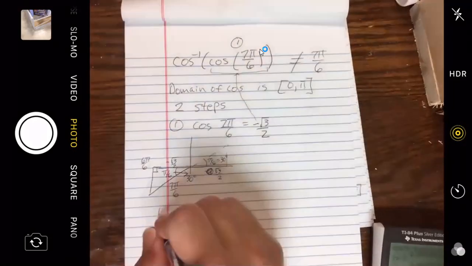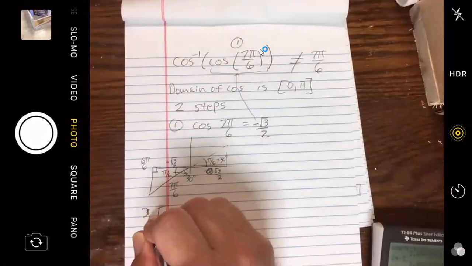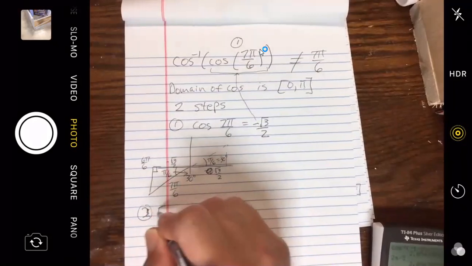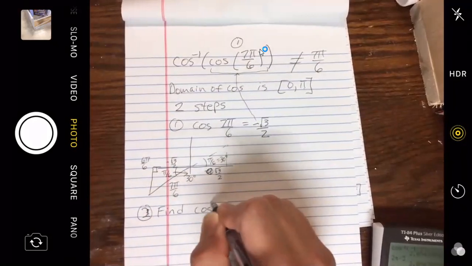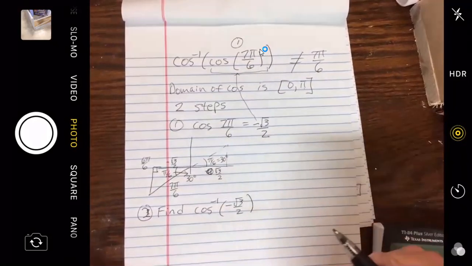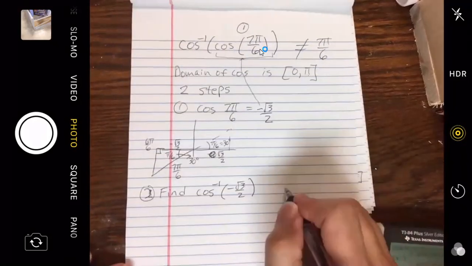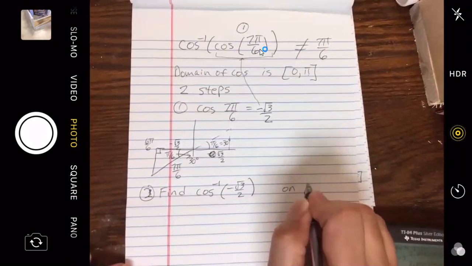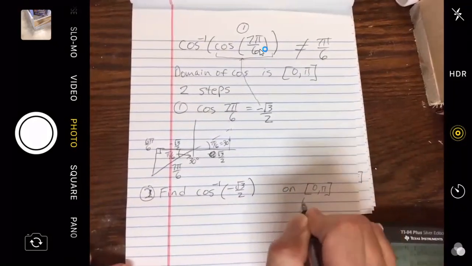And you're going to find step 2 here. Step 2, you're going to find arc cosine of negative root 3 over 2. Again, on 0 to pi, top half circle.